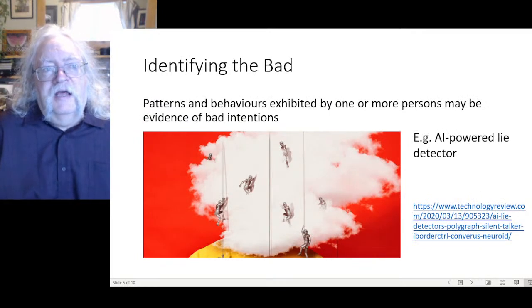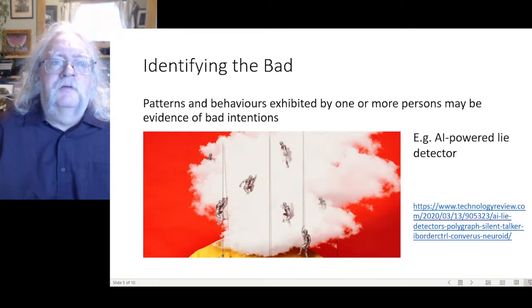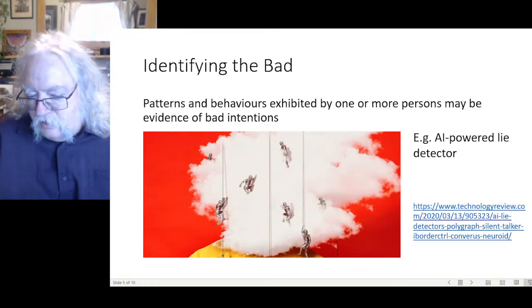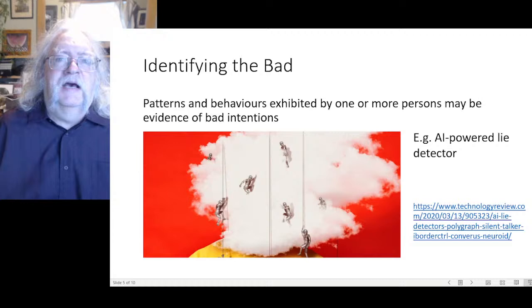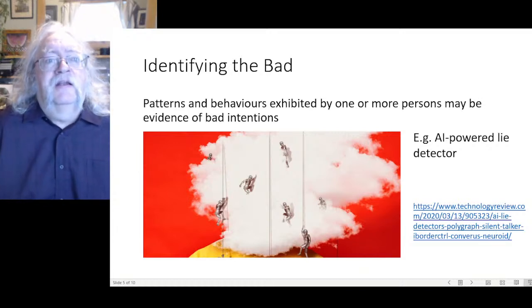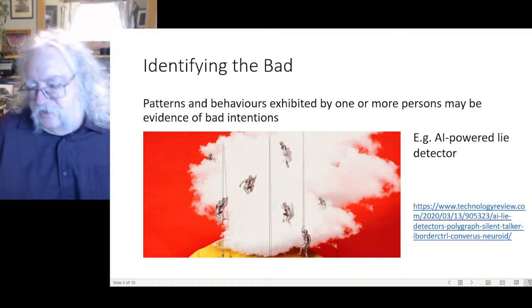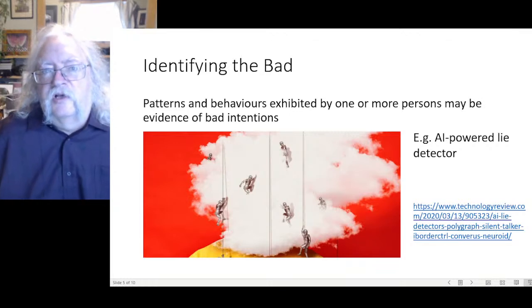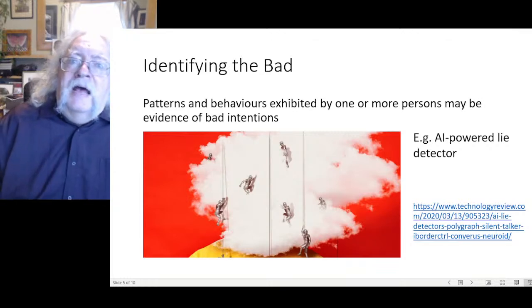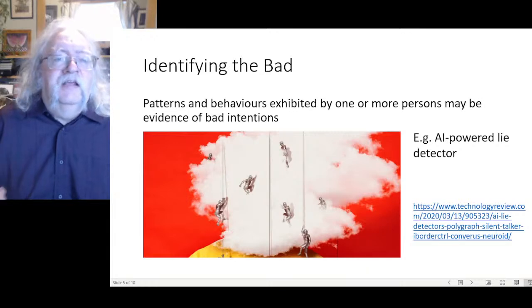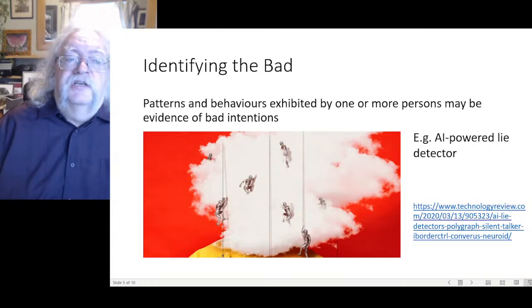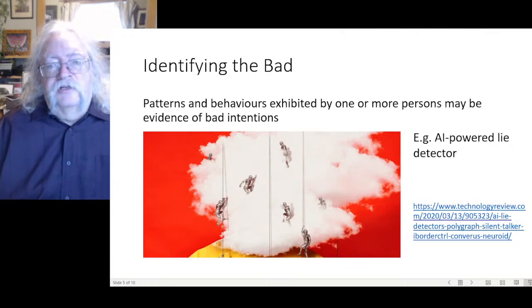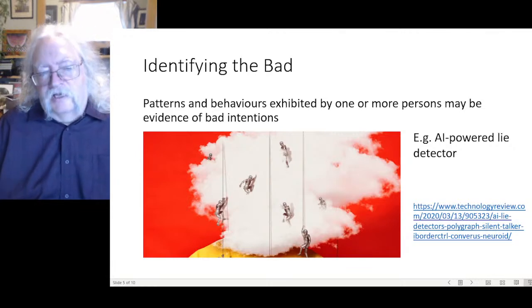When looking at these wider environmental and community contexts, an artificial intelligence can learn to identify what is bad and wrong. And by that I don't mean spot crimes or things like that, but look for patterns of behavior that in themselves are not wrong, but are suggestive that a person might be exhibiting bad intentions.